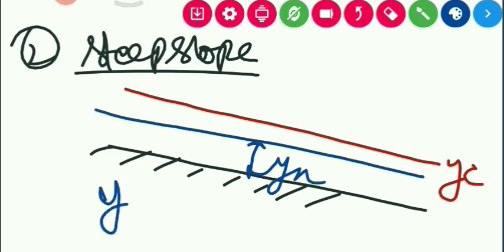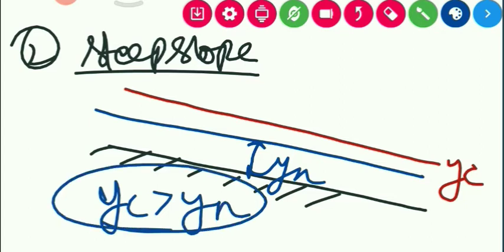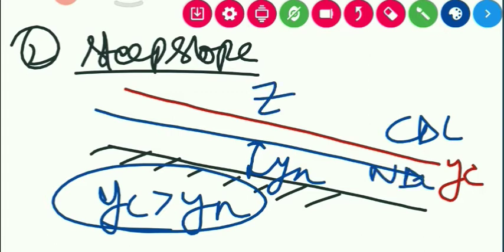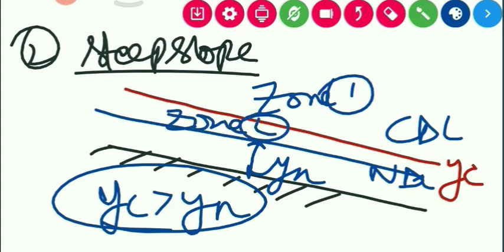Here critical depth is more than the normal depth, so this is our critical depth line and this is the normal depth line. Here we also have zone 1, this is zone 2, and this is zone 3.